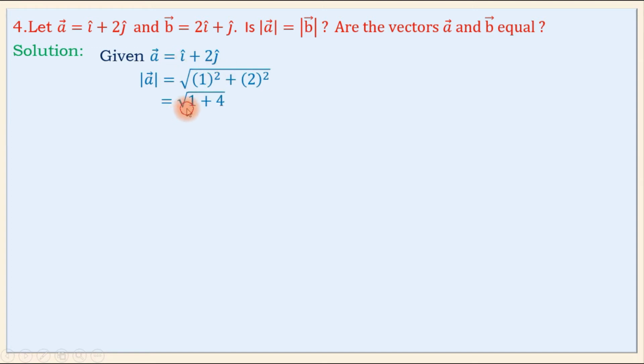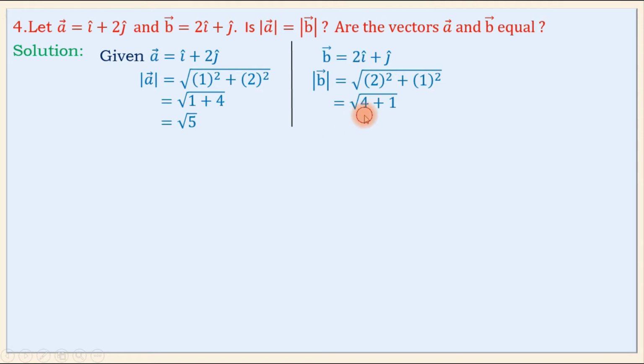That means root of 5. Take b vector. b vector equals 2i cap plus j cap. Its magnitude is square root of 2 square plus 1 square, that is root 5. Hence, magnitude of a vector is equal to magnitude of b vector.